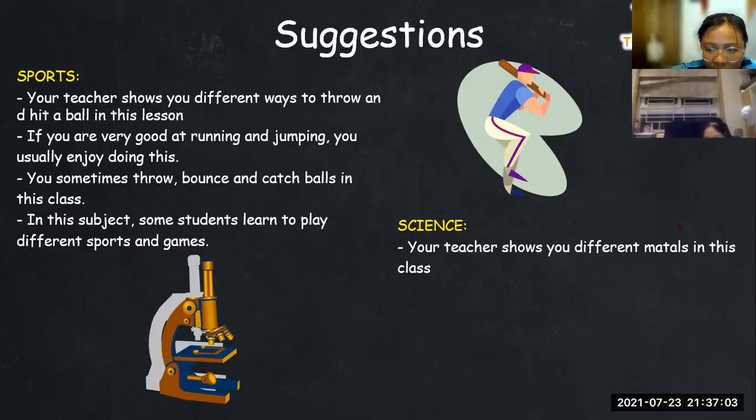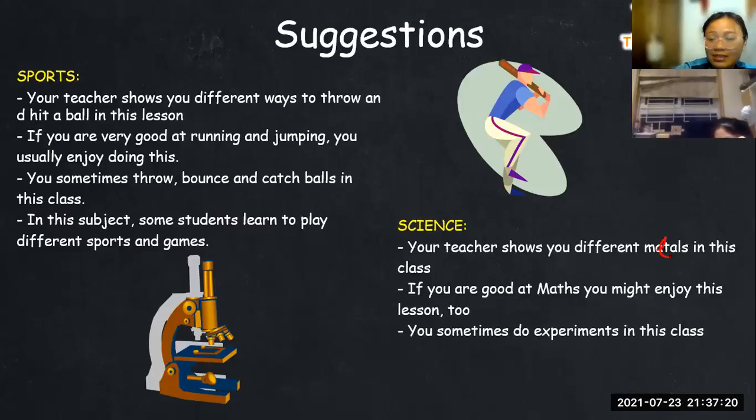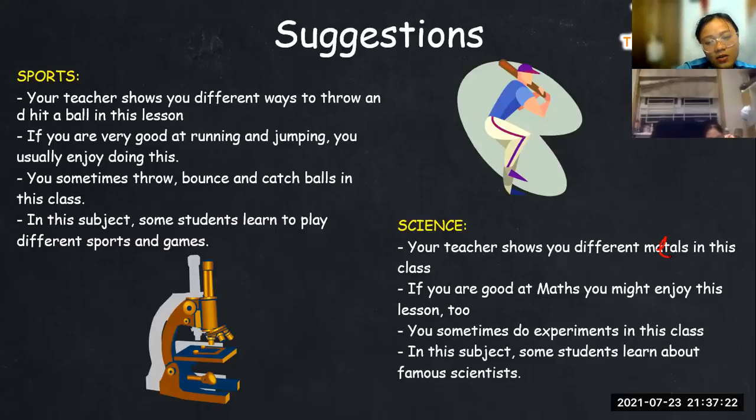Sorry, I have missed the metals here, it is letter E. The second one: If you are good at math, you might enjoy this lesson too. Or: You sometimes do experiments in this class. The last one: In this subject, some students learn about famous scientists. Okay. So are you clear with that? Yes.